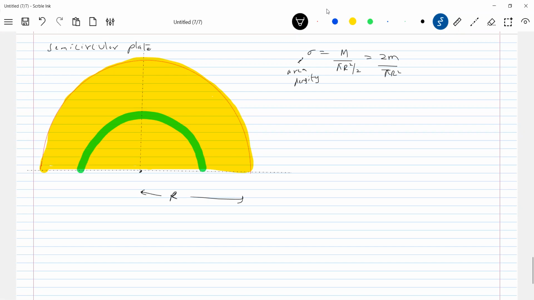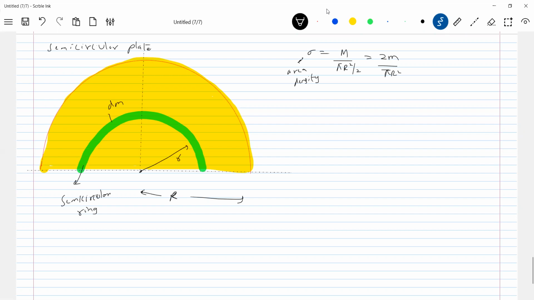Now I assumed a ring of radius r, and the mass of this, let it be dm. What is this, the green color one? Semicircular ring, no?